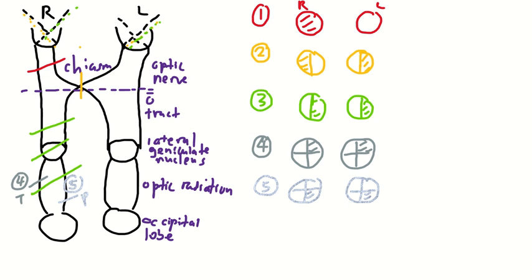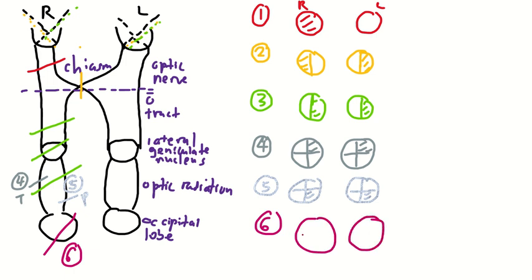And lastly, we will have the affected part, which is the occipital lobe. When this is affected, like I said, anything below the imaginary line, the lesion will be contralateral.